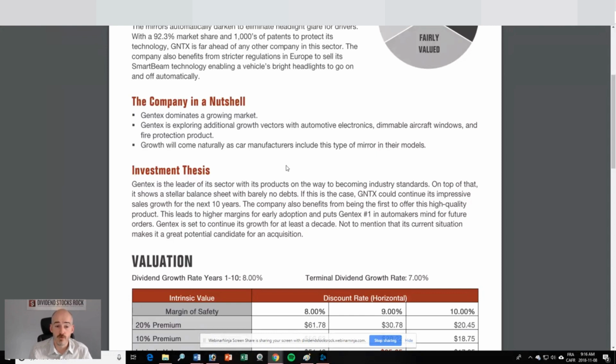And then you move on to our investment thesis. It's important to understand that the result of this 2-pager document most likely comes out of 12 to 15 pages of research, so we're trying to condense everything. We try to make the best summary possible, because the point of DSR is helping you make efficient decisions, not having you read 5,000 words each time you want to look into a company.